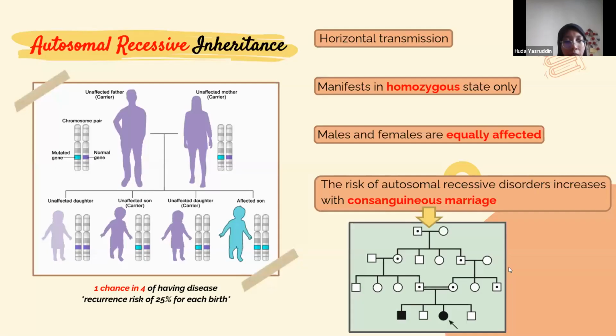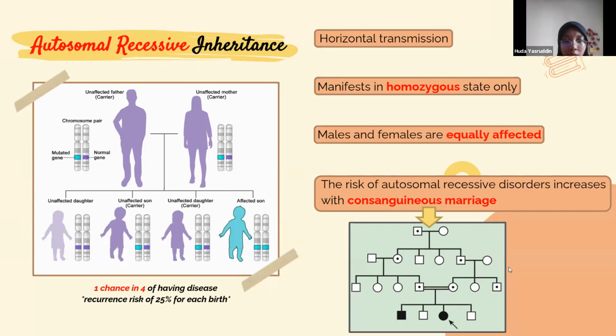As you can see in the diagram, usually in autosomal dominant there is no carrier, but in autosomal recessive there is a carrier: if the patient has only one mutated gene, the patient is considered a carrier. However, if the patient has 2 mutated genes and the disorder is manifested, then we call it affected.